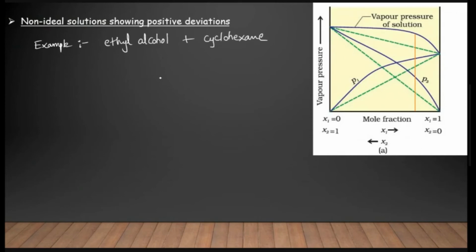The mixture of ethyl alcohol and cyclohexane will show a positive deviation from Raoult's law. Generally in ethyl alcohol, intermolecular hydrogen bonding is present.